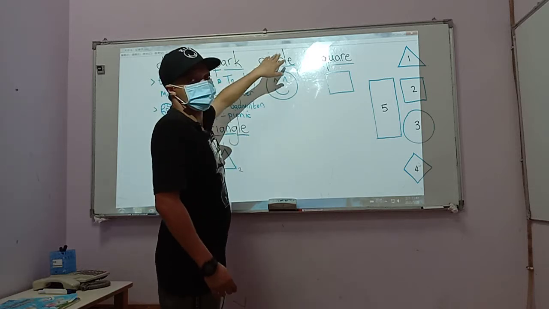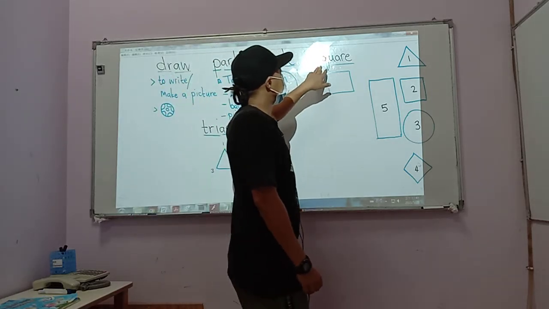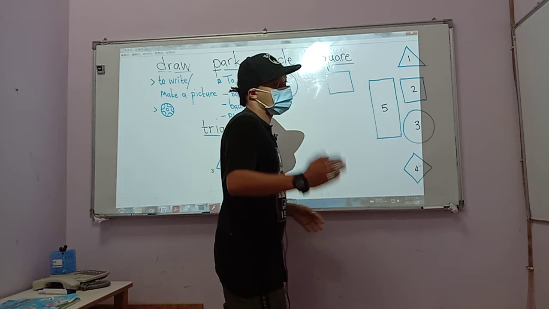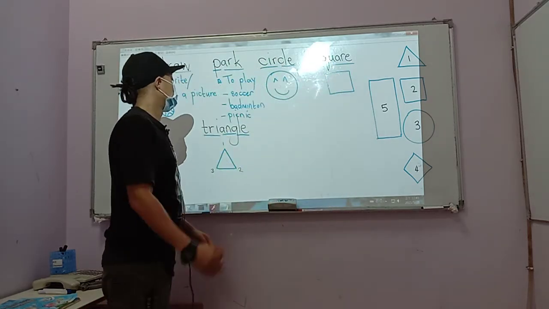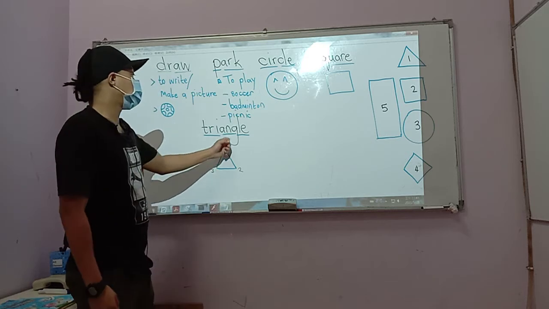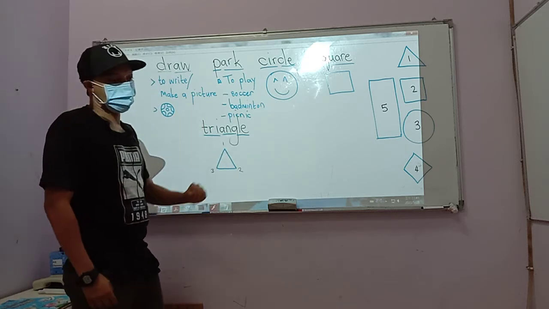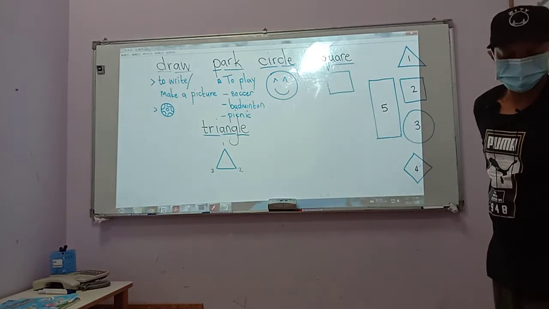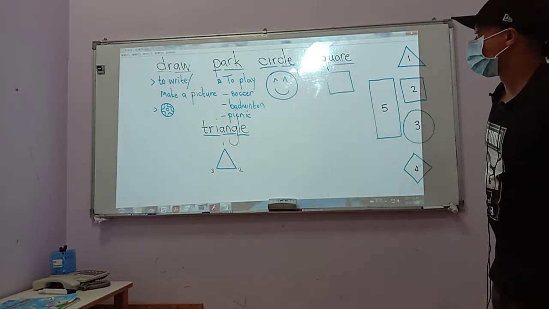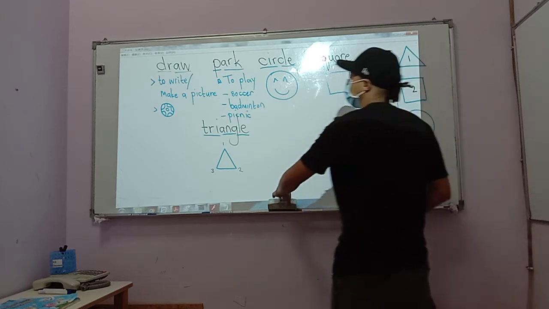So, circle. And square. Can you say it? Square. The last one is triangle. So, triangle.